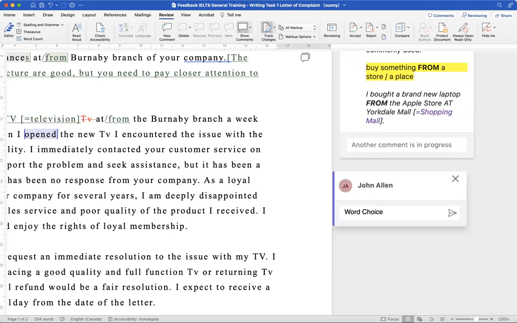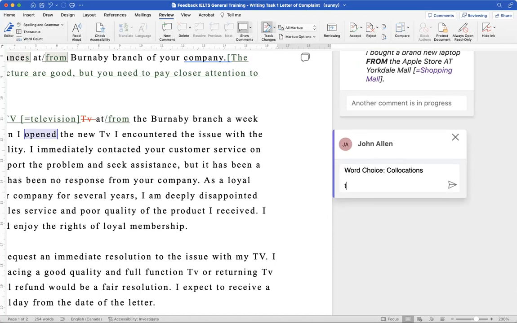It's about vocabulary, word choice. It's about collocations. So you can turn on an electronic device. Or you can turn off an electronic device.